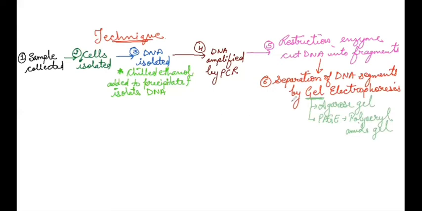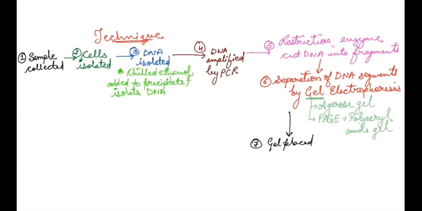Now the next one is step number 7. This gel is placed in alkaline solution and all DNA segments become single stranded. So the gel is placed where the segments are separated.